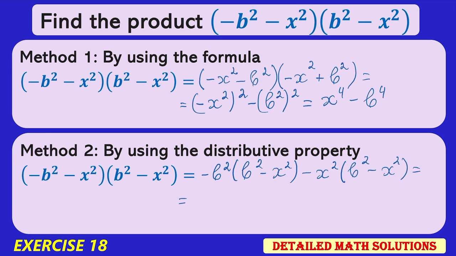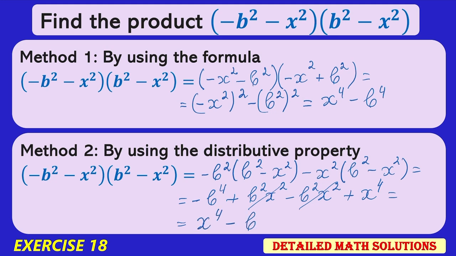This equals minus b to the fourth power plus b squared x squared minus b squared x squared plus x to the fourth power. B squared x squared and negative b squared x squared cancel out because their sum equals 0. So this expression simplifies to x to the fourth power minus b to the fourth power.